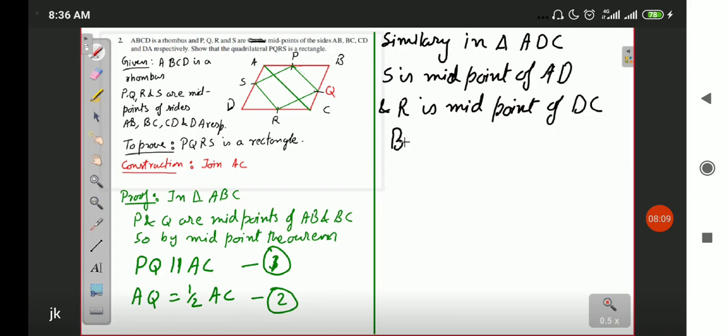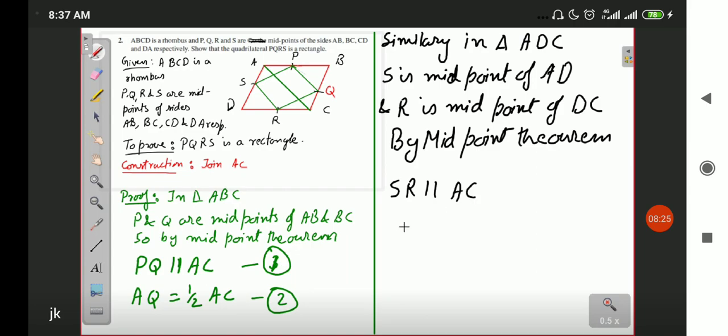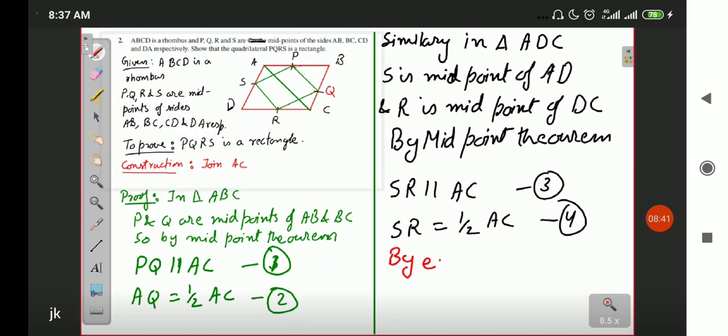By midpoint theorem, SR will become parallel to AC and SR will become half of AC. These will be equations 3 and 4. Like we did in the previous question as well, by equations 1 and 3, 2 lines parallel to the same line are parallel to each other.